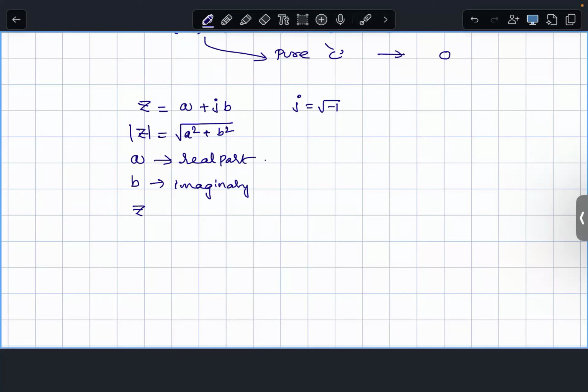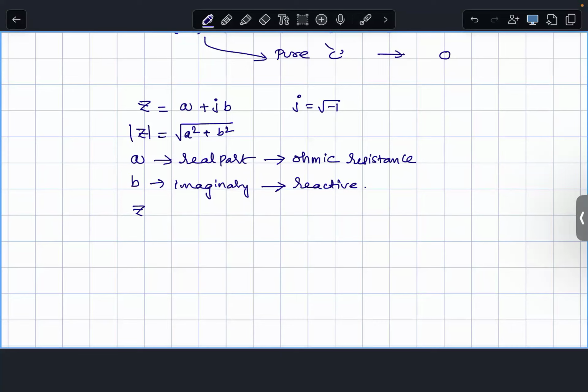When I am writing the real part, this is ohmic resistance. When I am writing the imaginary part, don't say non-ohmic. There is another resistance in AC. What is that called? Reactance. Reactive part.